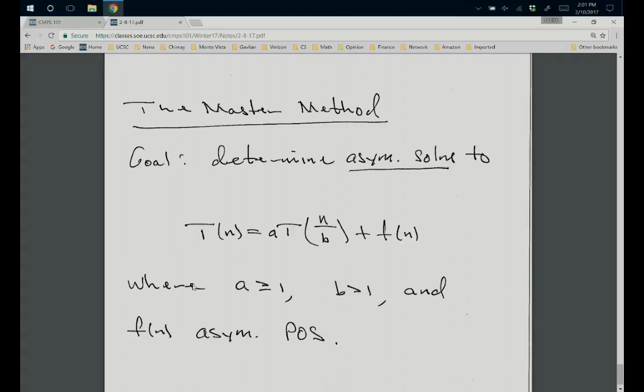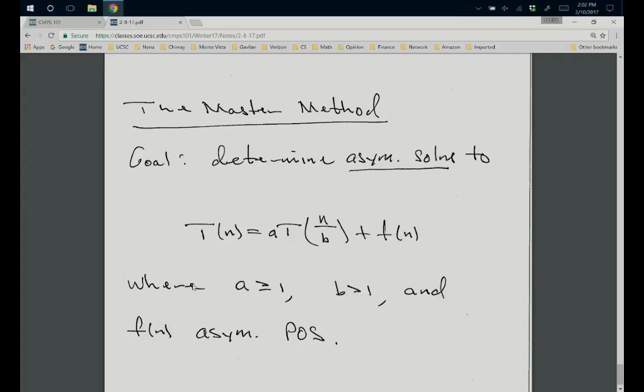Okay, but there's more in case 3, and that's the regularity condition. We must also show that the regularity condition holds: a f of n over b is less than or equal to c f of n for some c in the range 0 to 1. So let's just write down that inequality. F of n, the f is the square function.